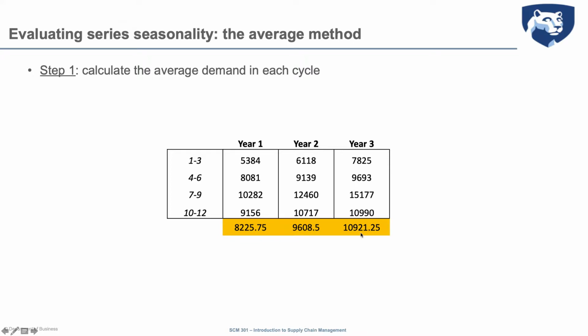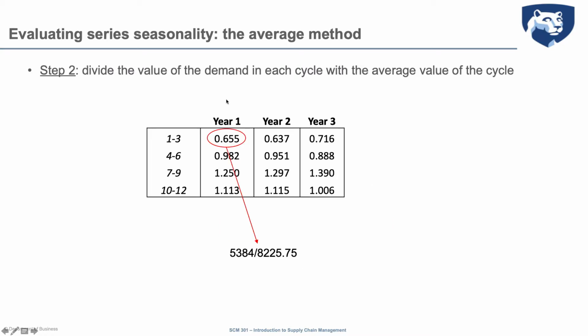Then, once you have that, you calculate the seasonality coefficient specifically for each demand in each cycle. We have seen in class that this value is no other than the ratio between the value of the demand recorded in the year and the average value of the demand.